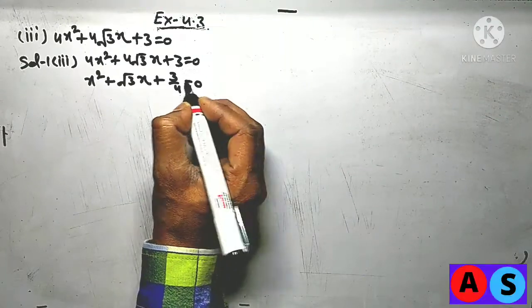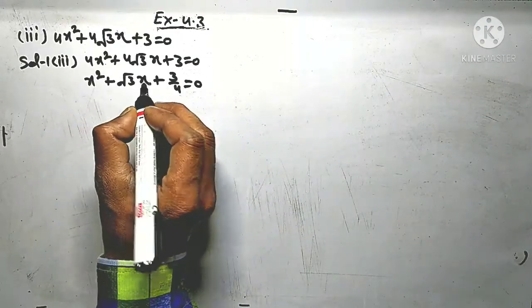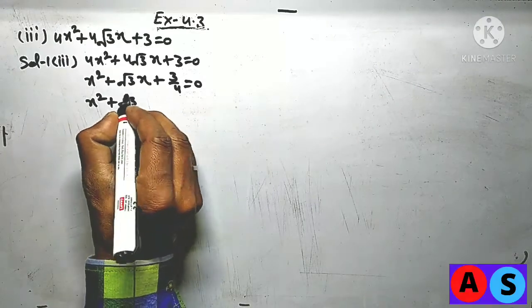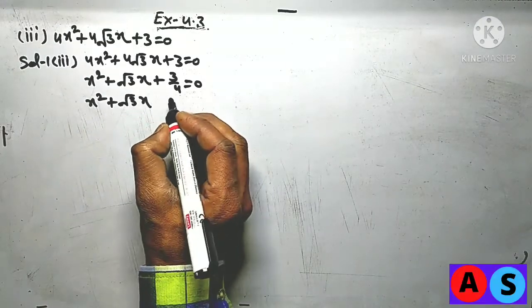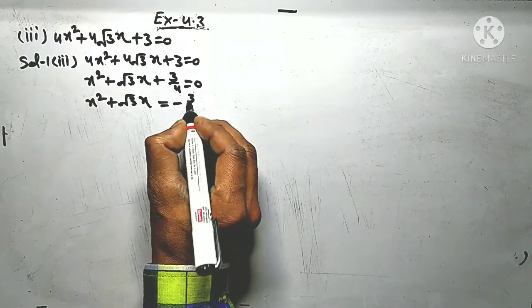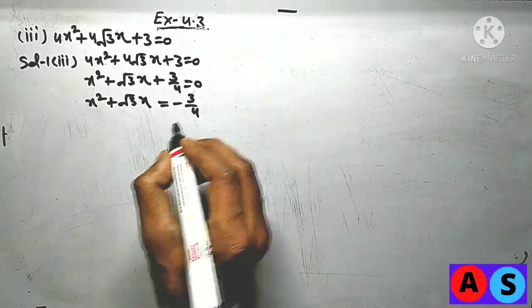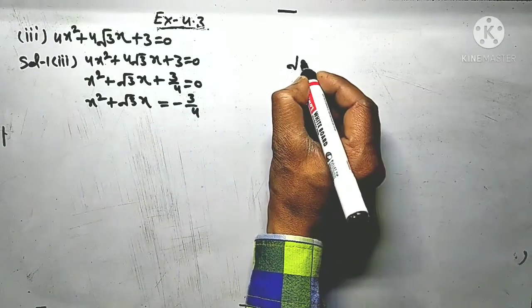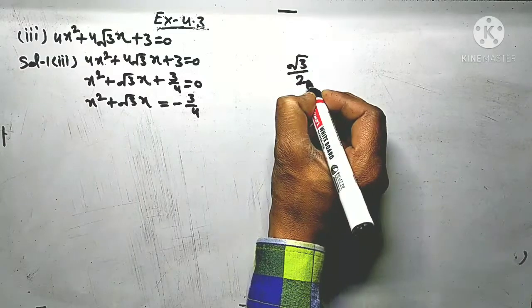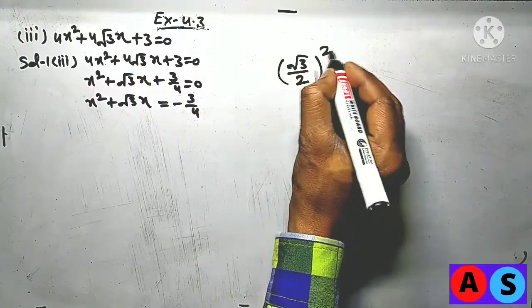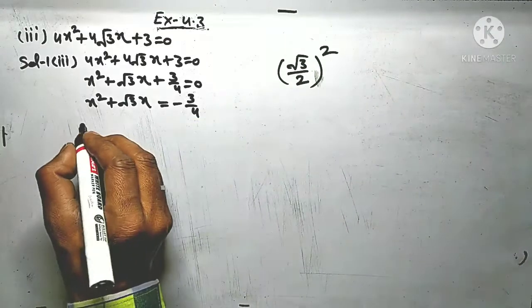Now put all the terms having x on the left side, x square plus under root 3 x, and take all the terms without x on the right side, is equal to minus 3 over 4. Now take the coefficient of x as positive under root 3 and then divide it by 2. Now square it and add it on both the sides.